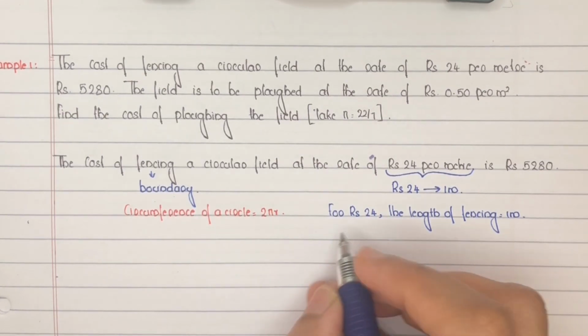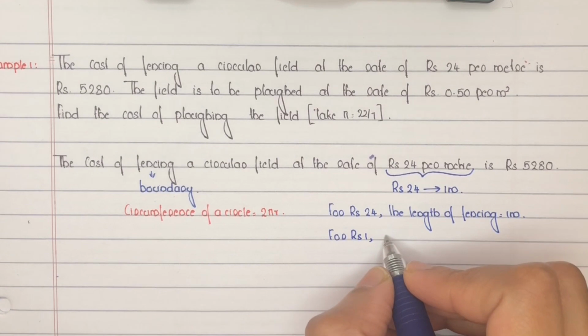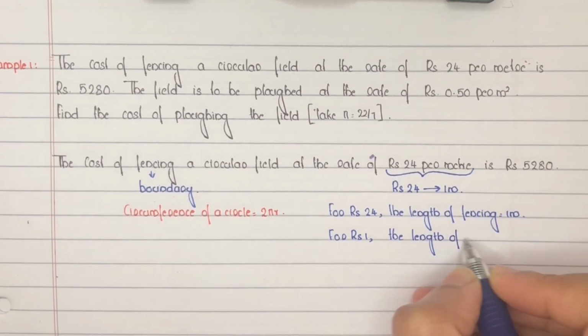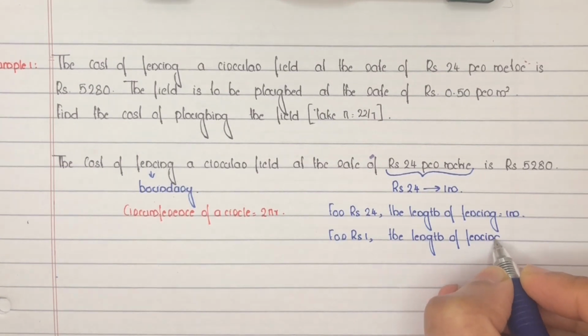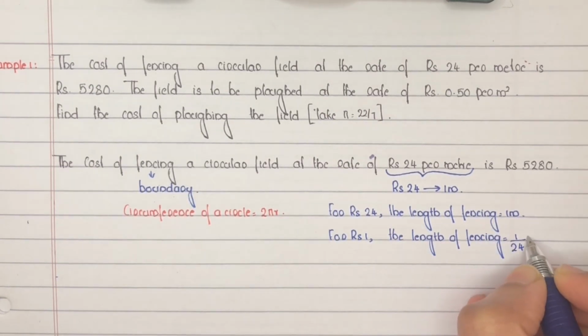So for rupees 1, the length of fencing will be 1 by 24 meter. Okay.